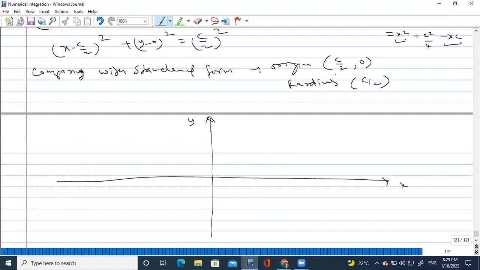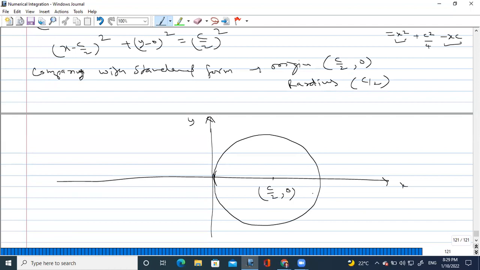So where will the center be? Suppose this is the point c by 2, and the y value should be 0. So this is that point. With that you have to take radius c by 2. So once you take radius c by 2, it will touch here. Okay. So this is a circle.